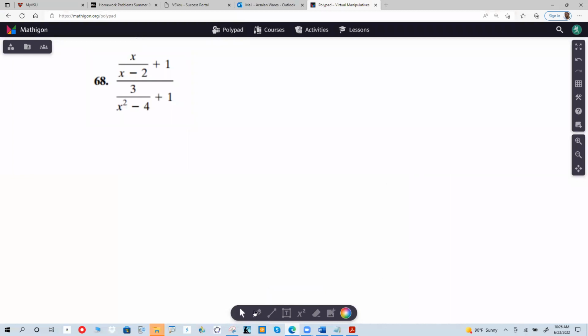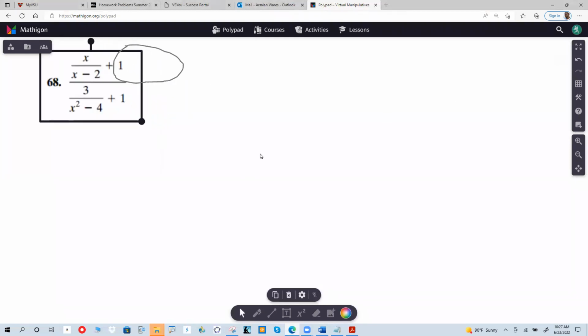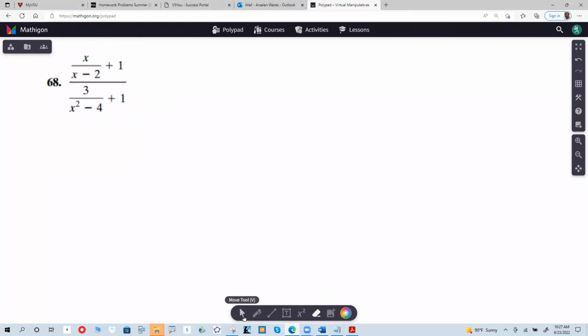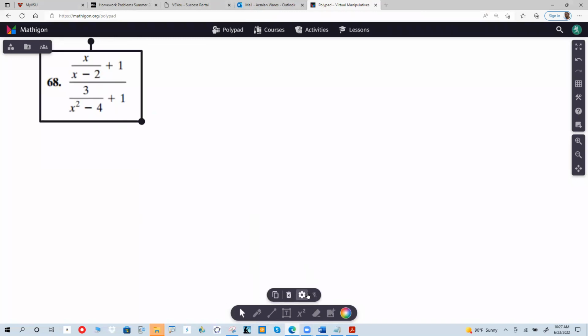The strategy that I'm going to use is I'm going to pretend this is all by itself, and I'm going to work on it and write the answer somewhere on top. And instead of writing everything a million times, I am going to do the work in the bottom. All right. So I'll tell you what I mean in a second.